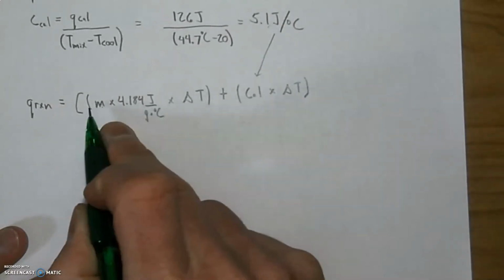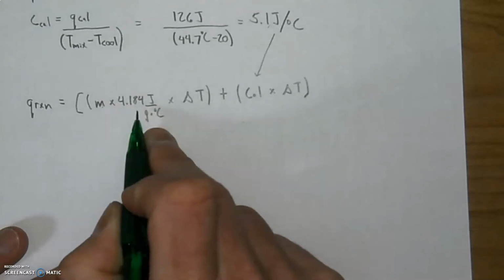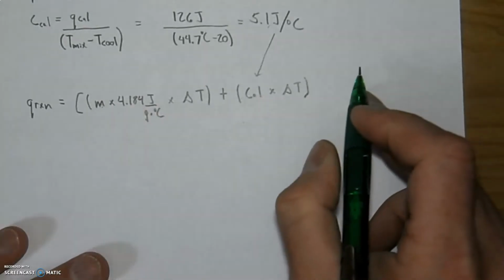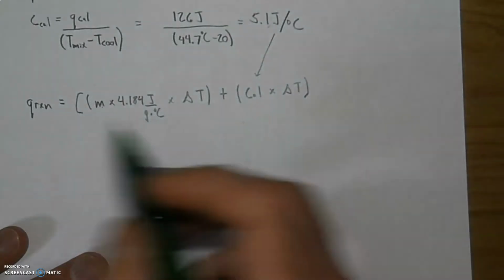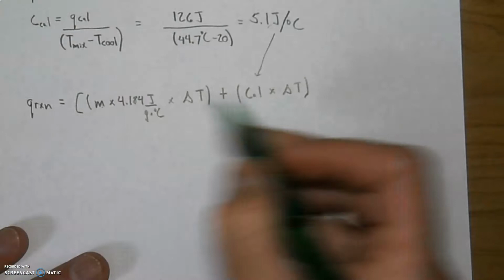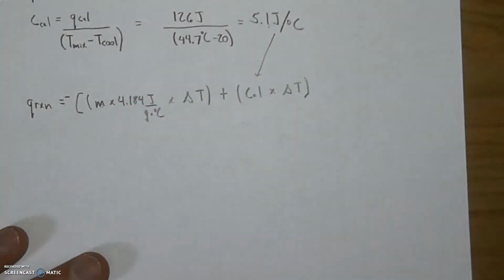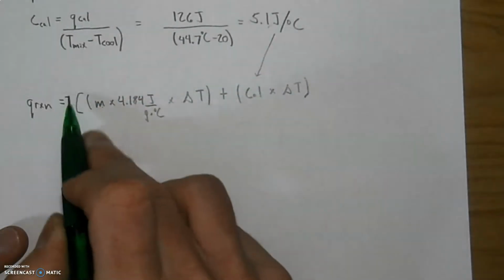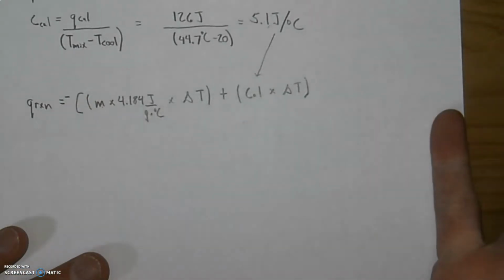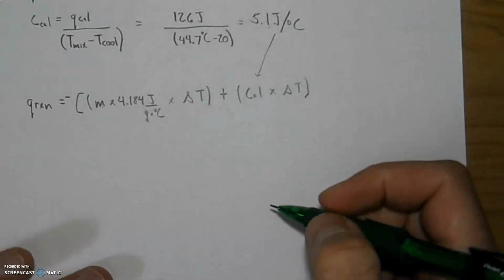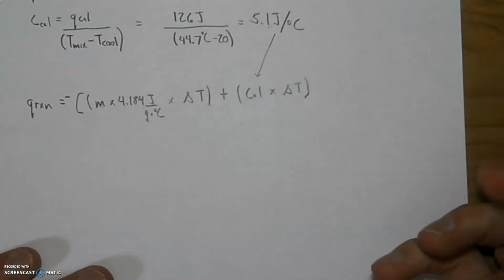I can run this through the mix just like I did earlier, and get a final answer that is going to be in joules based upon what the reaction gave off. And typically we just throw a negative in here and say, yep, that's the energy that was released by the reaction or absorbed by the water, which we actually measured. We measured the water.